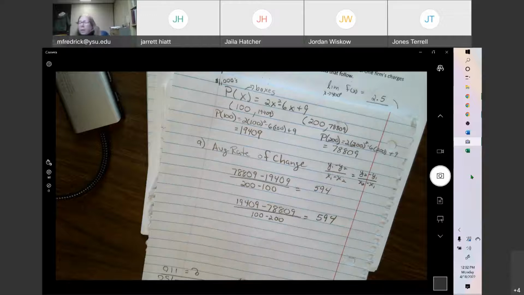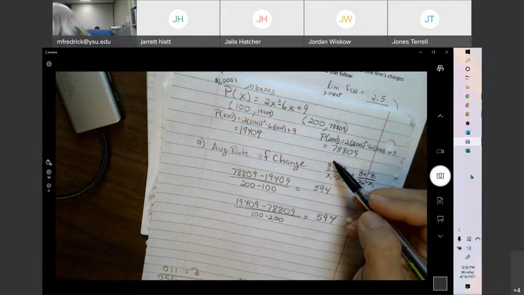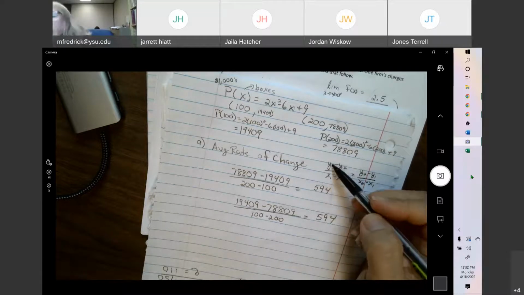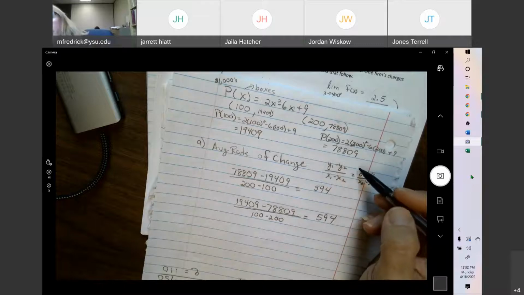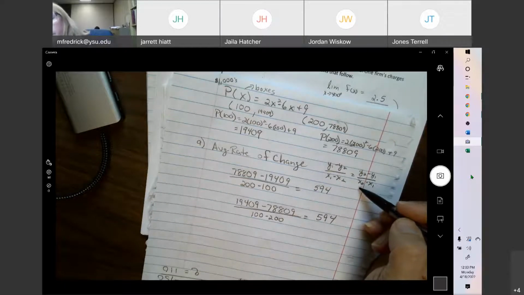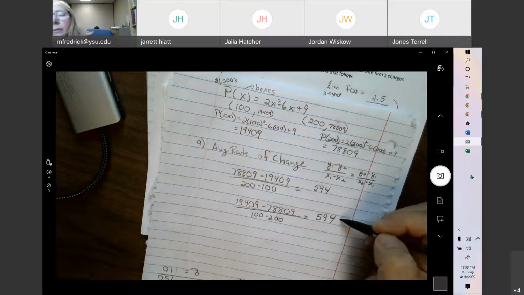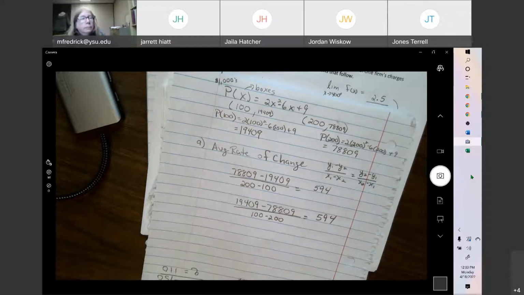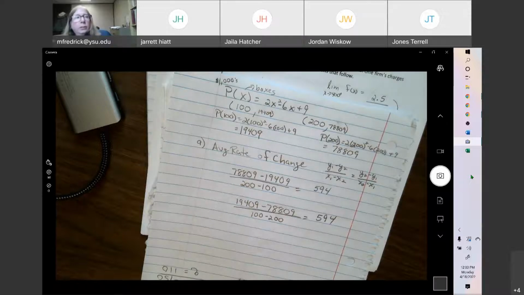So it can go either way. What you need to make sure is if you do y1 first, you have to do x1 first. And if you do y2 first, you have to do x2 first. But as long as you do that, then you'll get the same answer. Any questions on that?